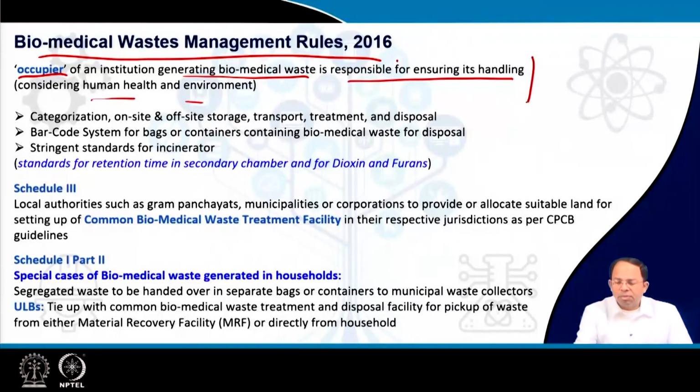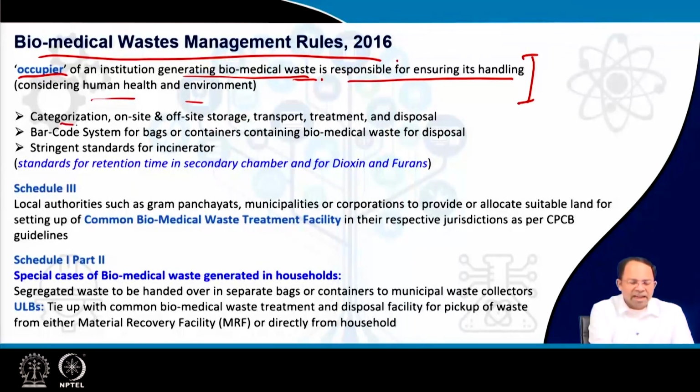So the responsibility goes to the occupier of any kind of institution which generates this kind of waste, right? That means this is not the responsibility of the ULB directly. Whatever other waste is generated, it is the responsibility of the ULB to collect, segregate and process that waste. But the biomedical waste itself is not the responsibility of the ULB. This has to be managed by a separate system.